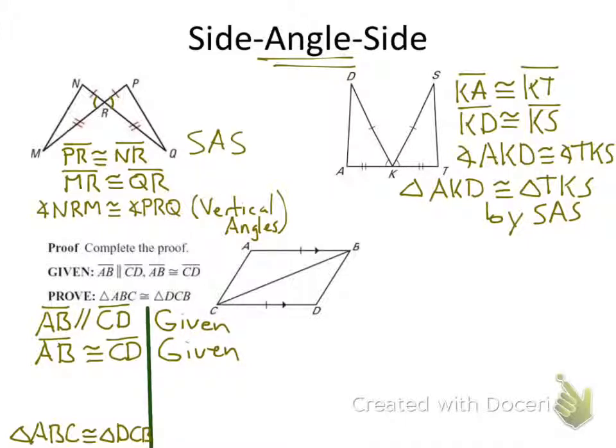We talked in Chapter 3 about parallel lines cut by a transversal. And in this case, we actually have that. My transversal is CB. The angle at B and the angle at C are congruent because they're alternate interior angles. So I'm going to say that angle ABC is congruent to angle DCB.